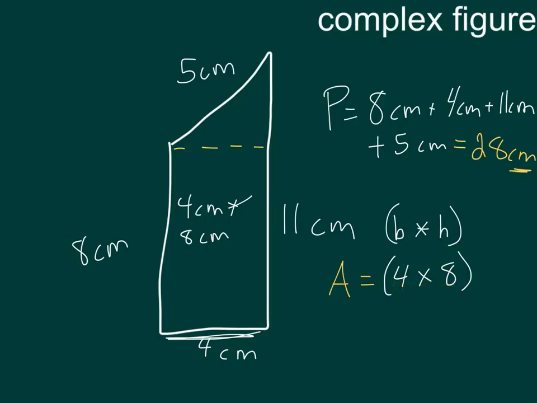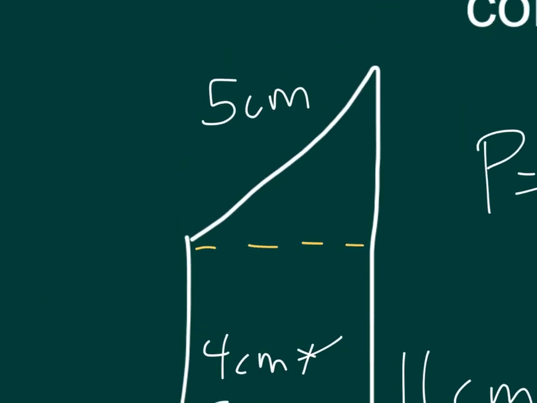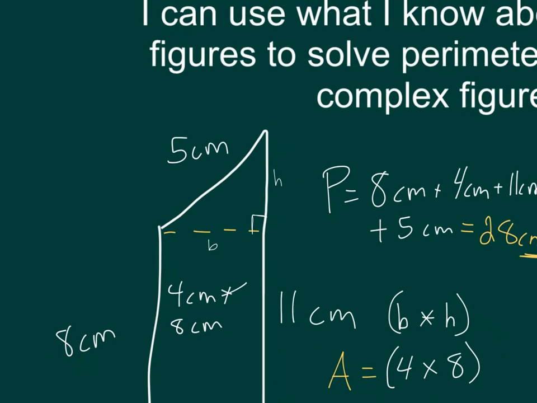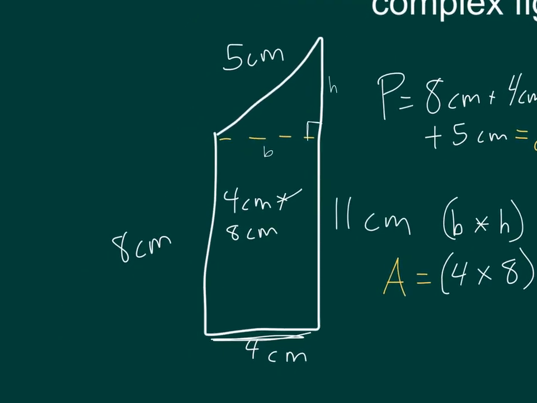Next, I have to look at my triangle, and I'm going to zoom in to get a better look. Well, I only see one dimension on it, and it's not the one I need. I need the base and the height. And since I can tell this is a right angle, this is going to be the base, and this will be the height. So I need to figure out what those are. Well, if I zoom back out, I can see that the base right here is the same length as this line down here.